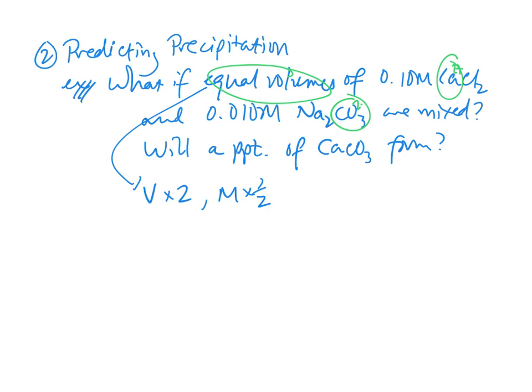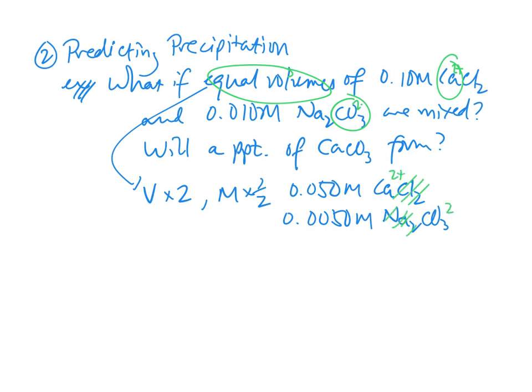So the molarity of calcium chloride is dropping in half, as is the molarity of sodium carbonate. So we really have 0.050 molar calcium chloride and 0.0050 molar Na2CO3. And of course, I'm really not concerned about the chloride, and I'm not really worried about the sodium. I'm just worried about the carbonate.